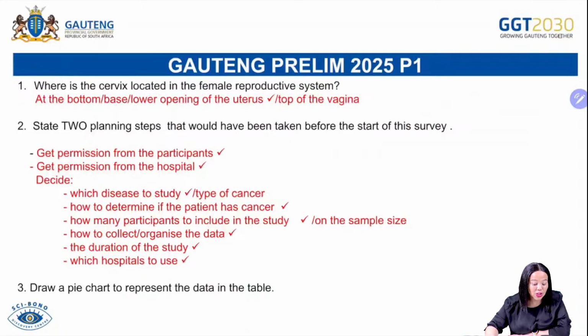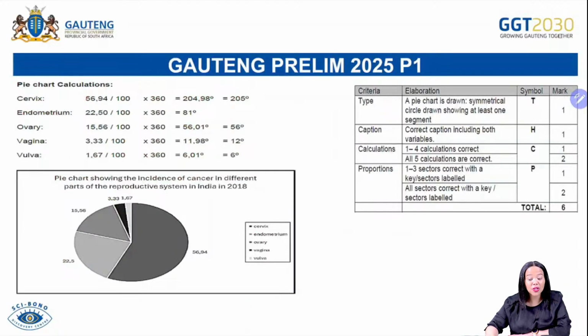Question number 3 says, draw a pie chart to represent the data in the table. Grade 12, it is very important that when preparing for paper 1 and paper 2, you have the following things with you. You have your calculator, you have your ruler, you have your eraser. In case you are asked to draw a pie chart, you are going to need a protractor so that you can measure your angles.